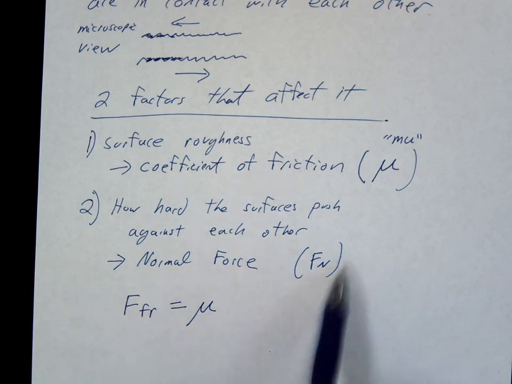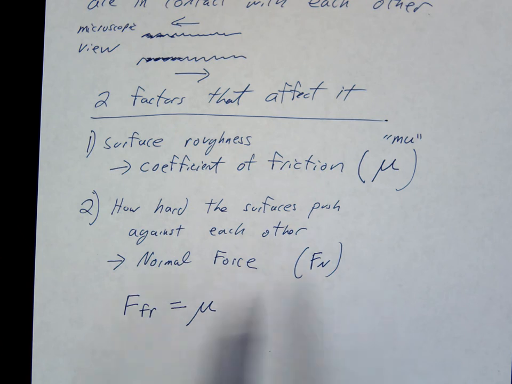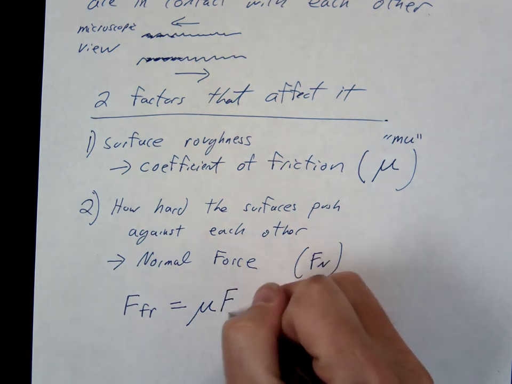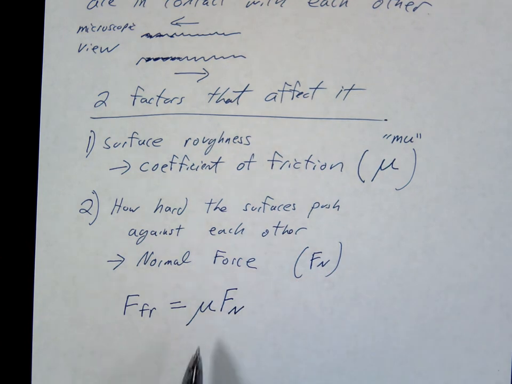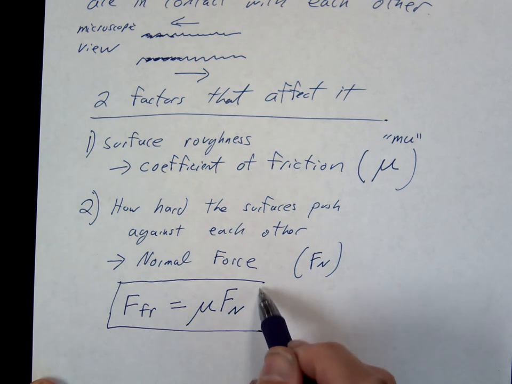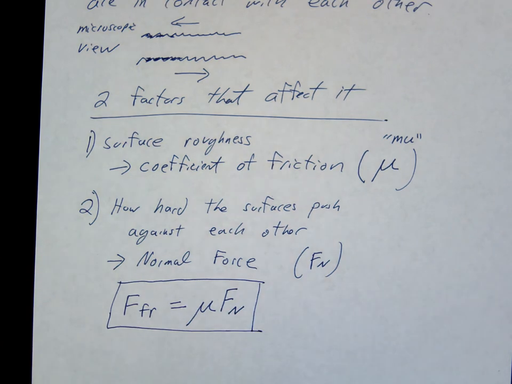If the normal force increases, what should happen to friction? It should also increase. It's directly proportional as well, so as the normal force doubles, the force of friction will also double. So here's our equation for friction: simply mu times normal. Those are the two factors.